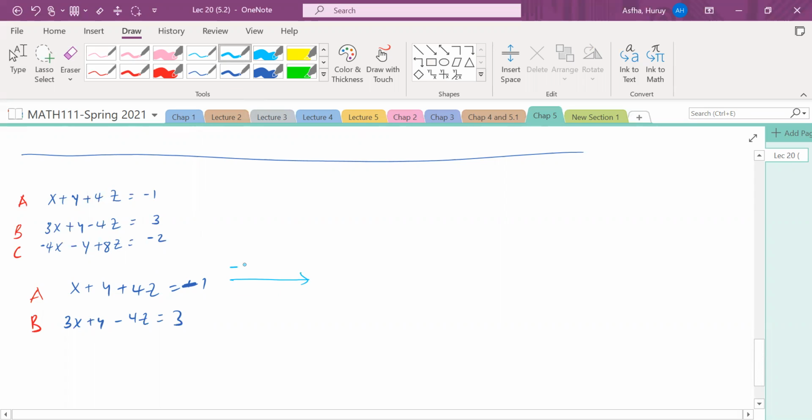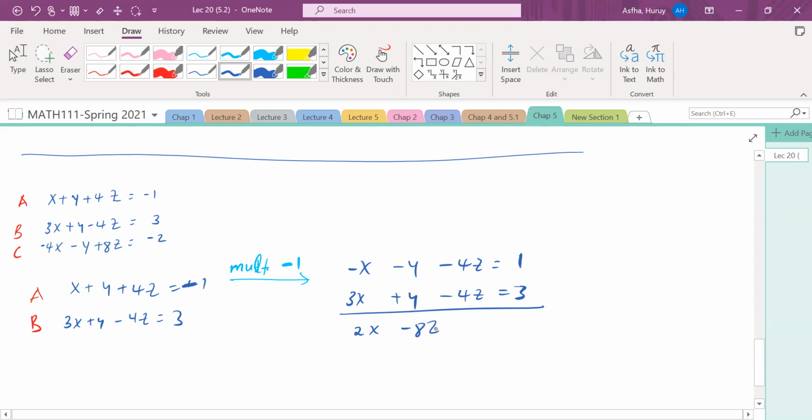I will multiply the first equation by -1, and we get -x minus y minus 4z equals 1, and the other one stays as it is. Then we add these two equations, and here we get 2x, y is 0, and -8z equals 4. Let's call this one D.